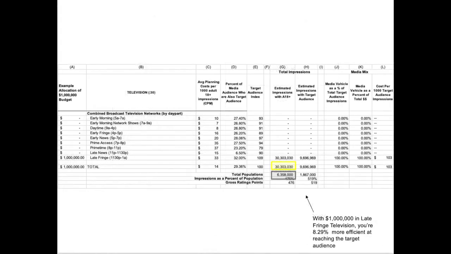Now let's look at an example where we put the entire example budget of $1 million into late fringe television. In this instance, we would have about 30.3 million adults 18 plus impressions and about 9.6 million target audience impressions. This would give us 476 adults 18 plus GRPs and 519 target audience GRPs.